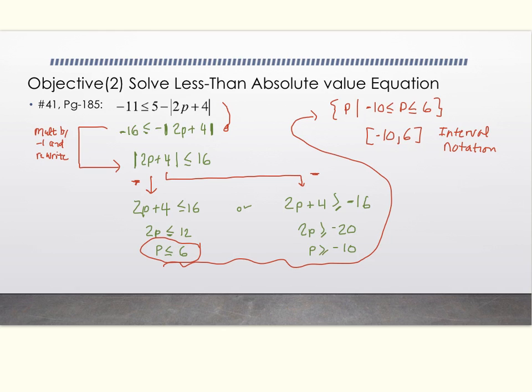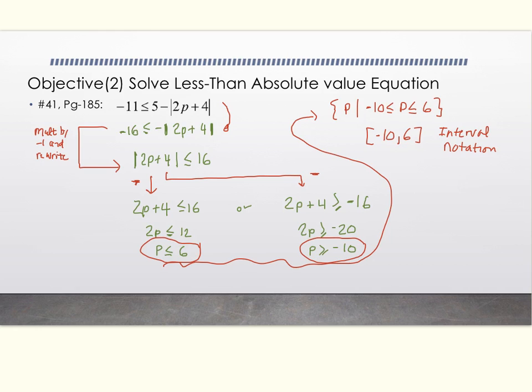For the negative now, we have to change the sign. So the sign is 2p plus 4 is greater than or equal to negative 16, because we've applied a negative to the 16. Now when we do this, we have 2p is greater than or equal to negative 20. p is greater than or equal to negative 10, right?